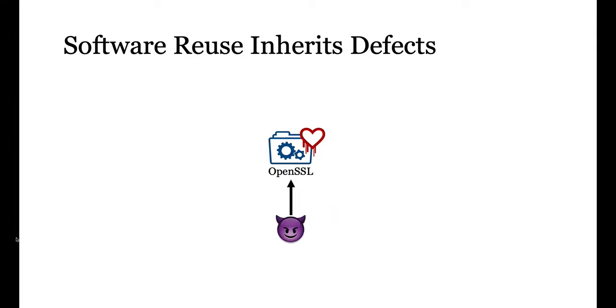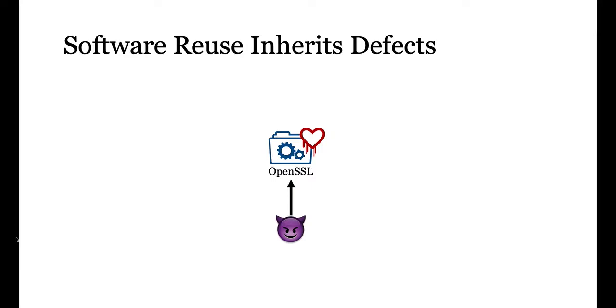The seriousness of the Heartbleed bug comes from the wide usage of the OpenSSL library. As a basic TLS protocol, OpenSSL is used in nearly all Internet communication software.